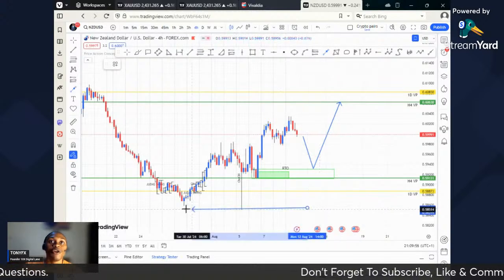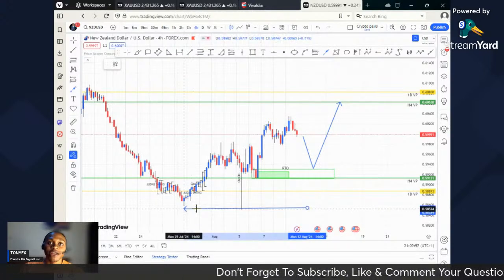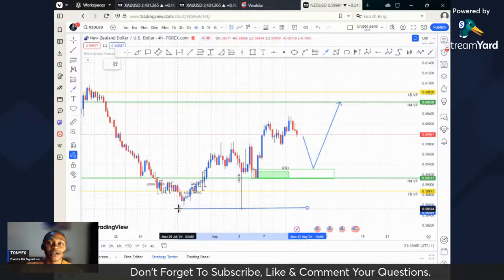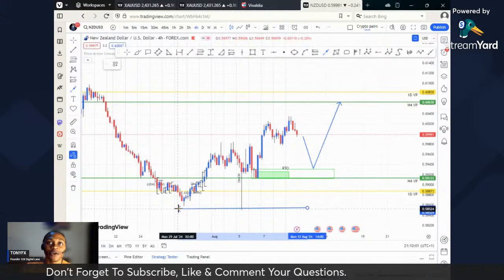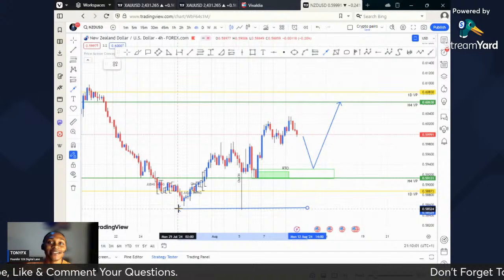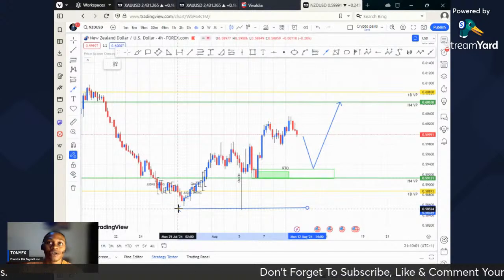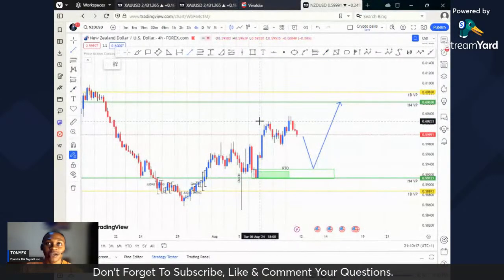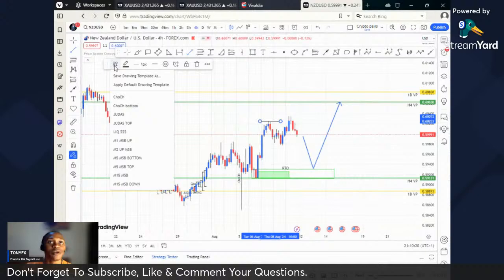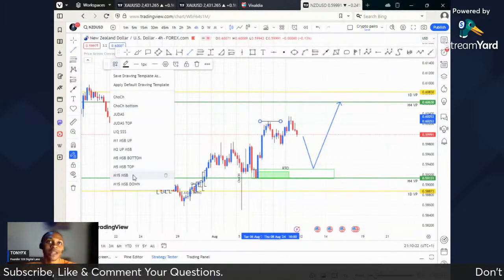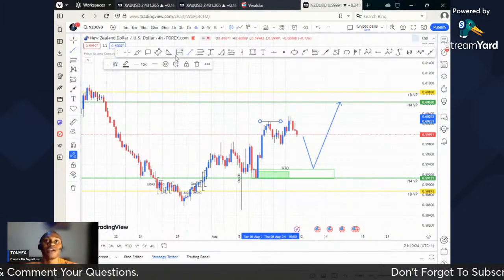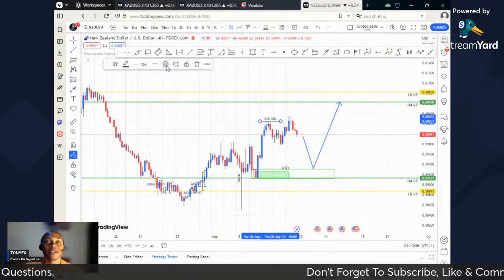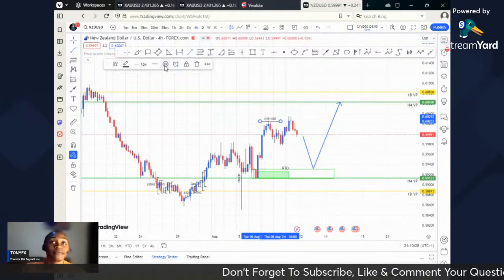Over here, you see that there was a rejection for AUD, so NZD USD and then the market impulsed. When the market took out this high, it took out sell side liquidity over here for NZD USD, which was more like a market structure break.